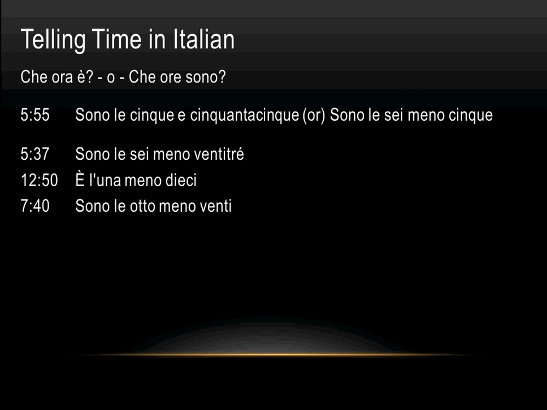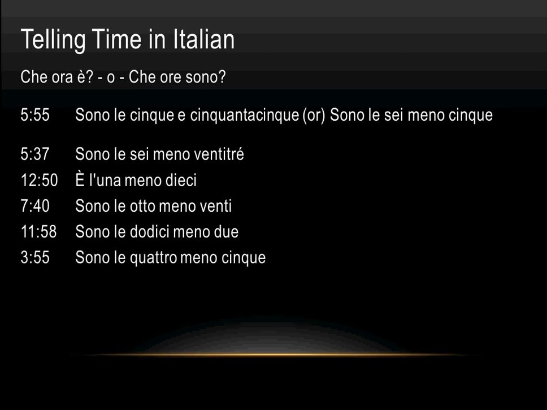It's 8 minus 20, which would be 20 till 8, or 7:40. Sono le 12 meno 2. It's 12 minus 2, 11:58. Sono le 4 meno 5. It's 4 minus 5, or 3:55. Sono le 2 meno 17. Okay, it's 2 minus 17, 17 till 2, or 1:43.